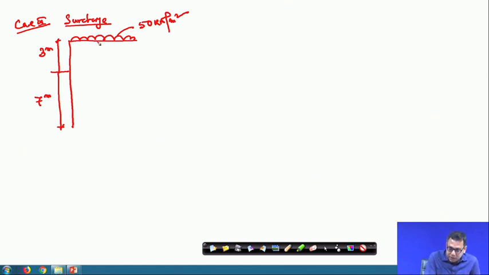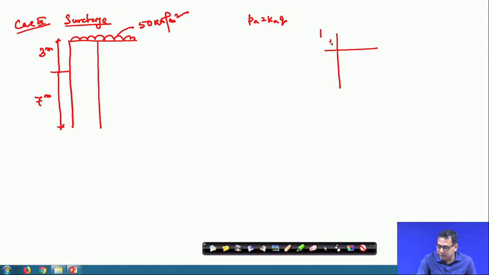Now for this problem, you know the surcharge PA is Ka into q, and here K is not changing. Suppose we have a soil where the K value is different for 2 layers, this is the first layer, this is the second layer, then for the surcharge the distribution depends upon the type of K. If this is K1 and this is K2: if Ka1 is less than Ka2, then this will be the distribution.